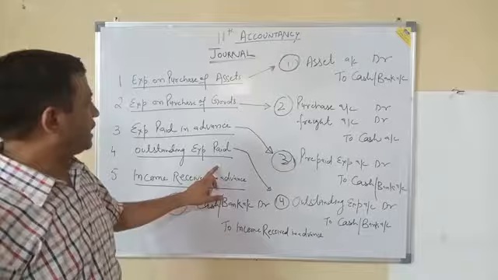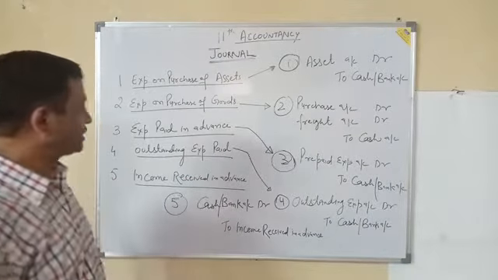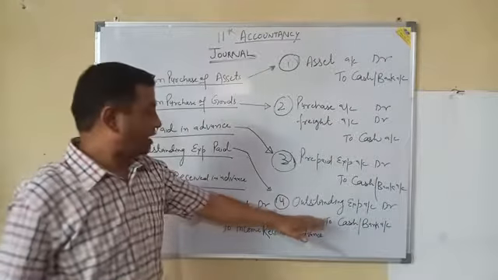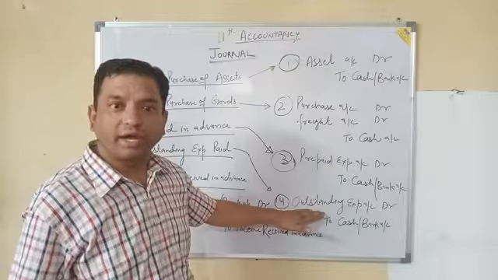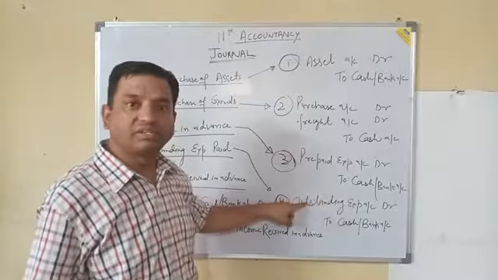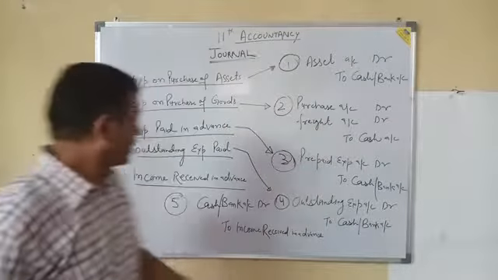Up to the end of that month it will become outstanding expense, and whenever I will pay this expense, the entry will be outstanding expense account debited to cash. Here I have to debit outstanding expense. Why? Because I am not paying the expense, I am paying the outstanding expense, which is a liability. Outstanding expense account debited to cash.